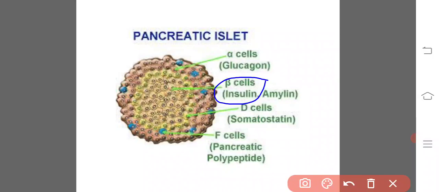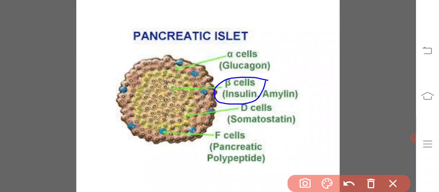Whenever the blood contains more and more glucose, it will be taken up by the cells to reduce the blood glucose level, first thing. And the second thing is conversion of glucose into glycogen, glycogenesis. These two things are under the control of beta cells, indirectly through insulin.